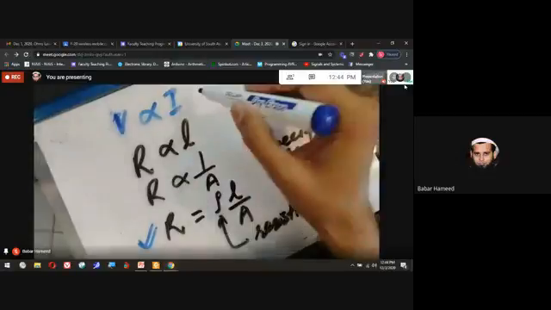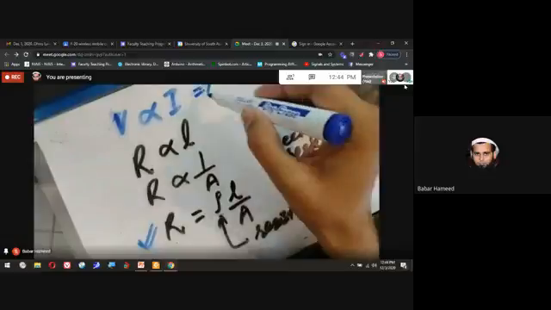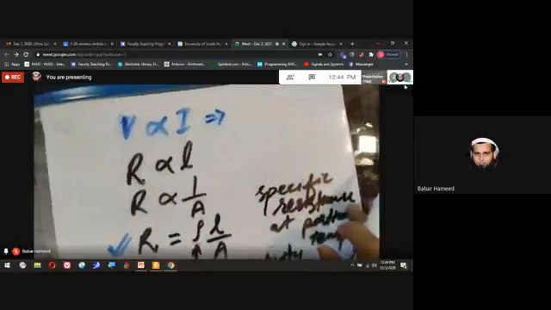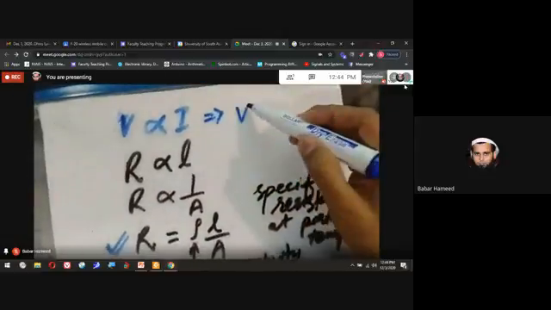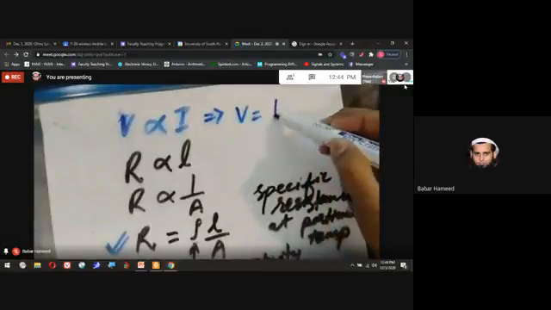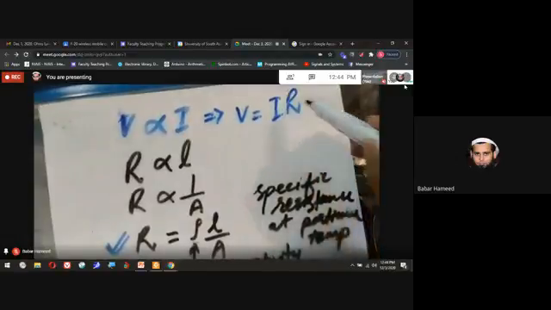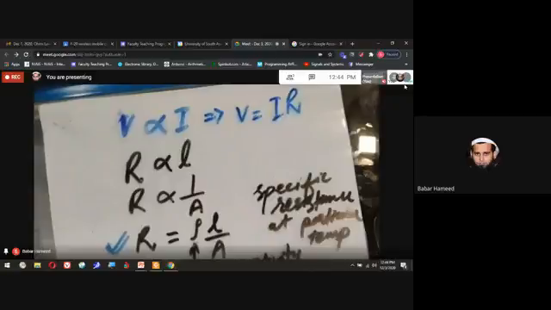So we can change this sign of proportionality into a sign of equality. V is equal to IR, where I is current in amperes, R is resistance in ohms, and V is voltage in volts.